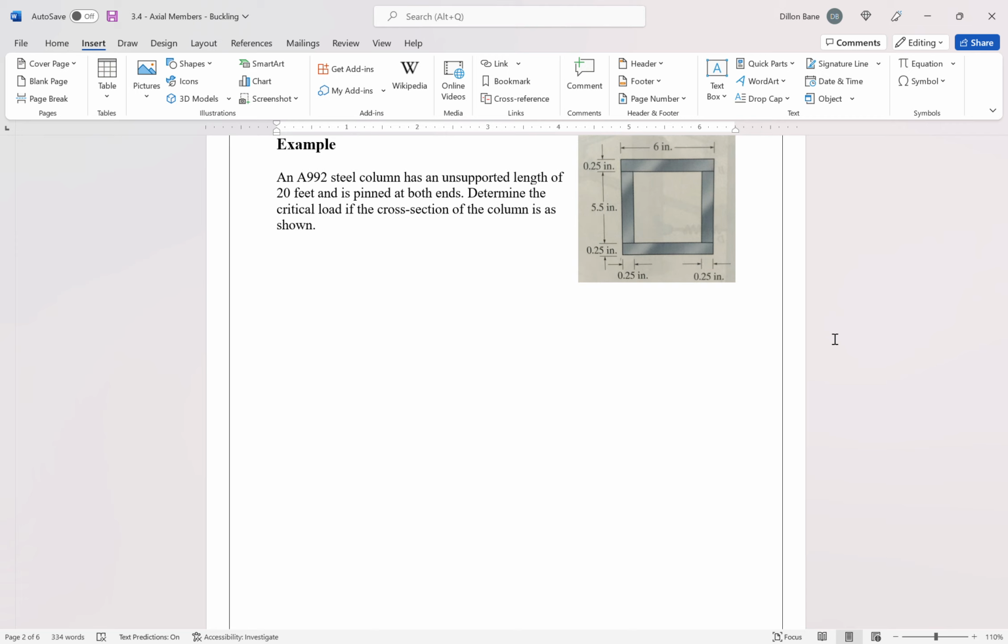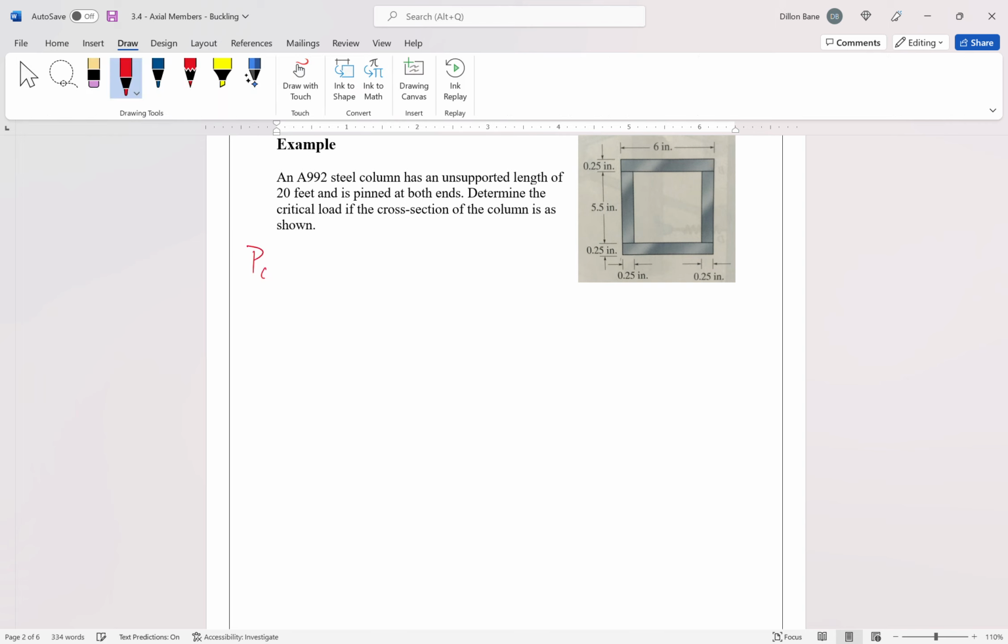So we know that our critical load, P critical, is what it's asking us to calculate. We know P critical is pi squared EI over KL quantity squared. Modulus of elasticity, E, we know that, right? That's a material property.